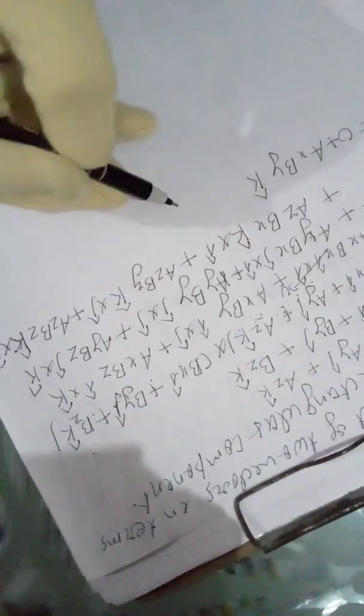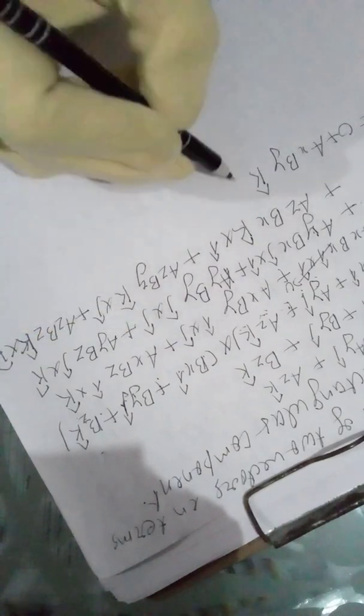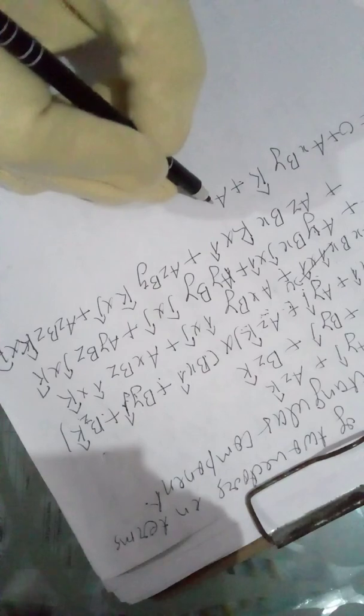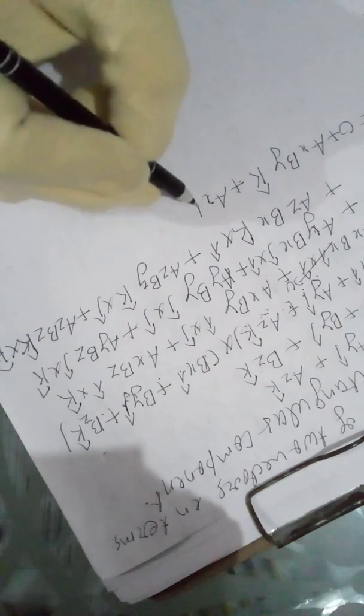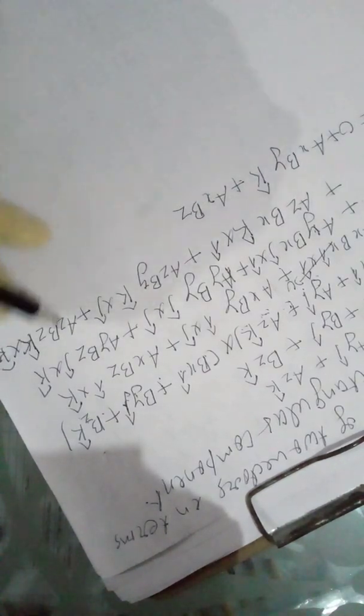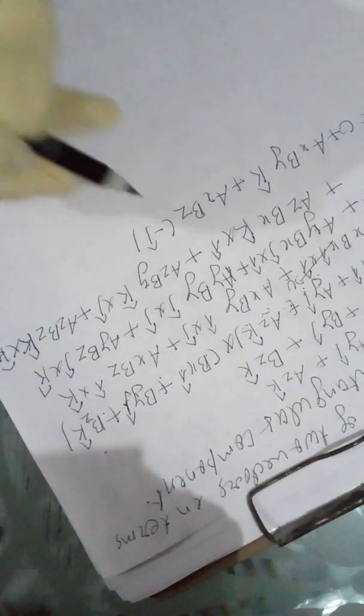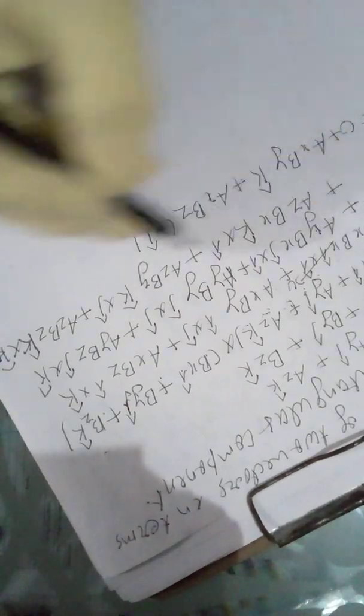Plus ax bz, i cross k is the third vector j, in anticlockwise order, so minus j.